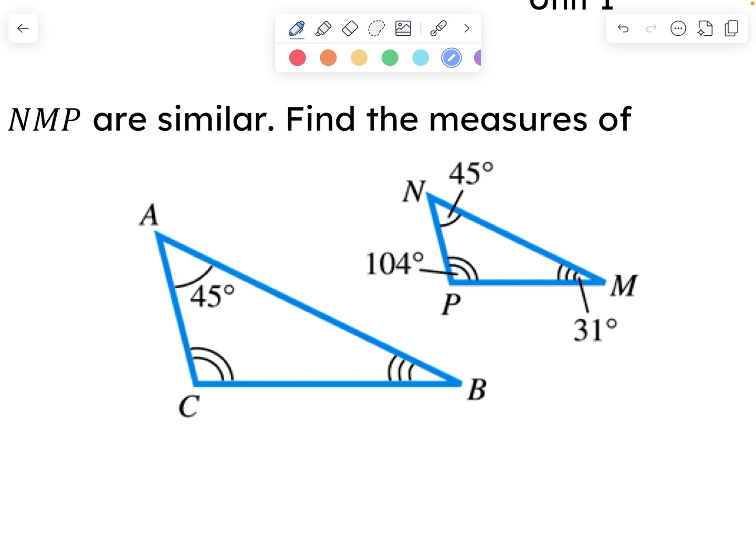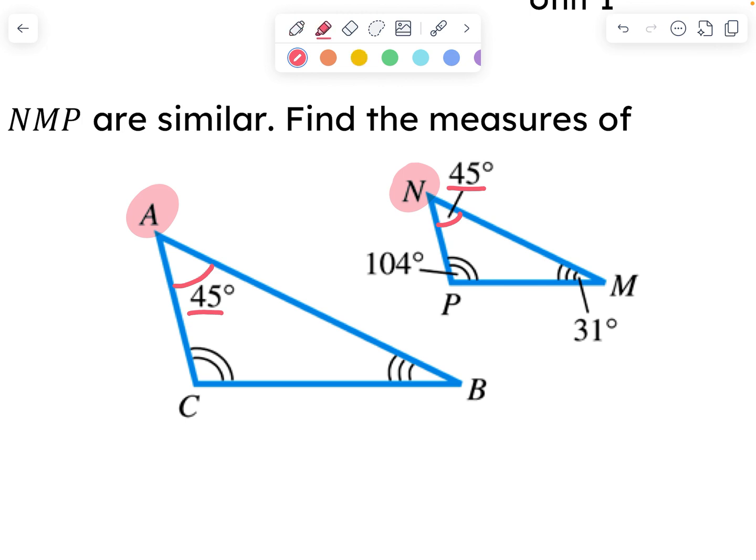So if I'm looking right here at A, it's got one tick mark, one angle measure mark, and N over here also has one tick mark, one angle measure mark. So 1 and 1. They're also both labeled as 45 degrees. So those go together. Those are the corresponding angles from one triangle to the other triangle.